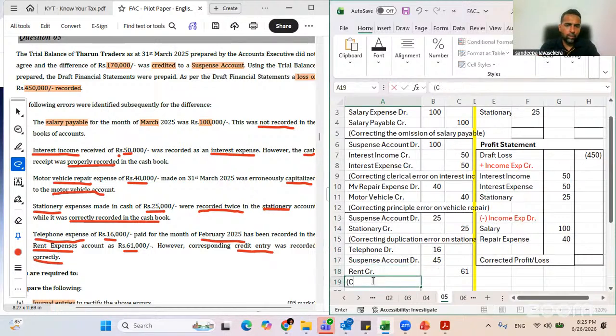So then we'll do the correcting, a kind of clerical error or a commission error. Commission error on telephone. Correcting commission error on telephone.